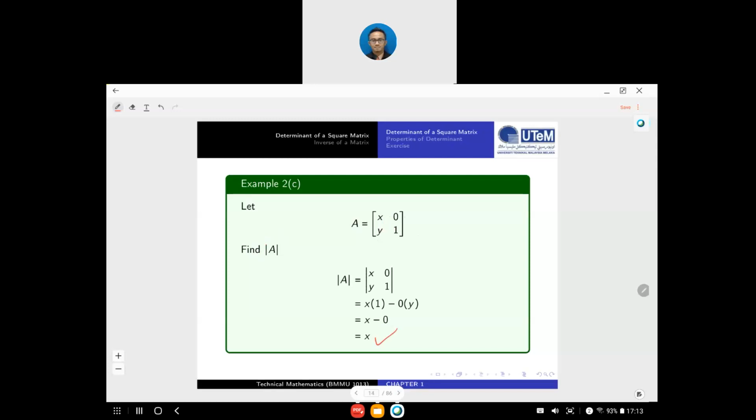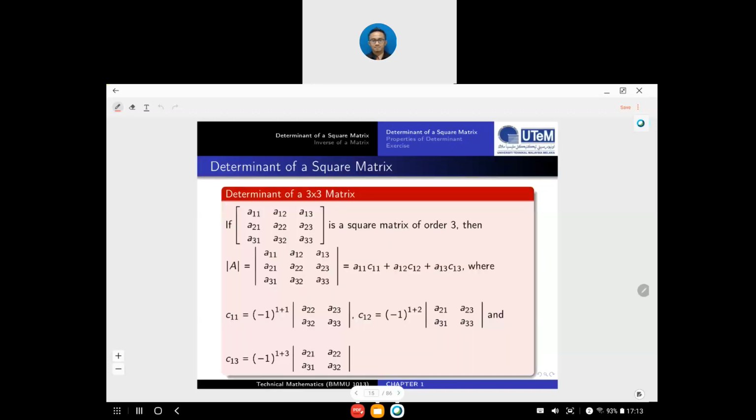This is for finding the determinant of a matrix of order 2. What happens if you want to find the determinant of a matrix of order 3, which is a 3 by 3 matrix? For a 3 by 3 matrix, we can use cofactors.